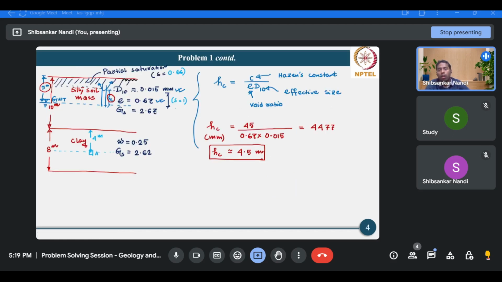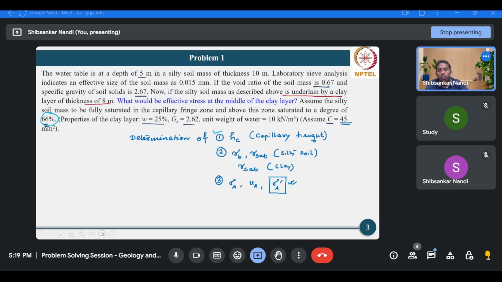Now we'll move forward. So this was the first step. For the second step, we'll calculate the bulk and saturated unit weight of the silty soil mass first, and then we'll calculate the saturated unit weight of the clay.